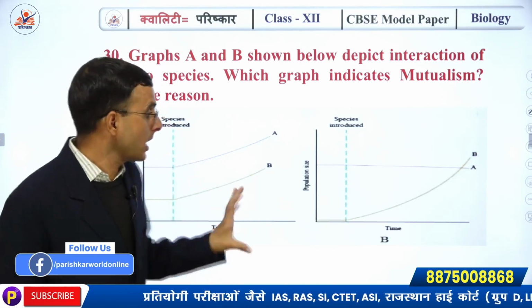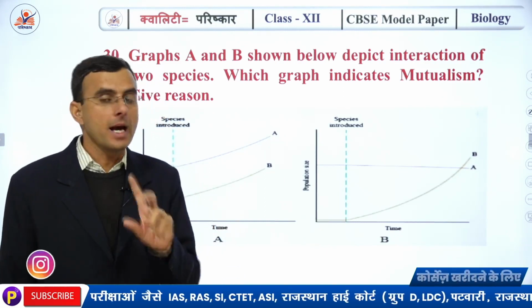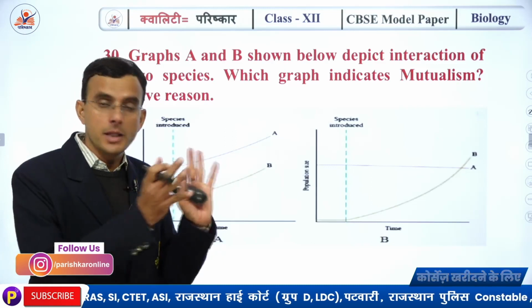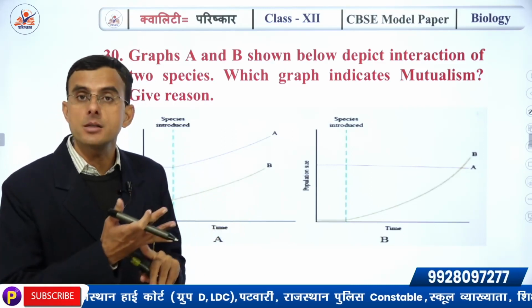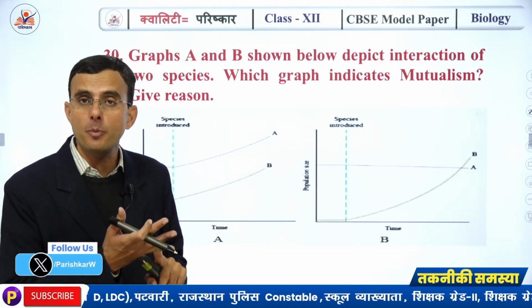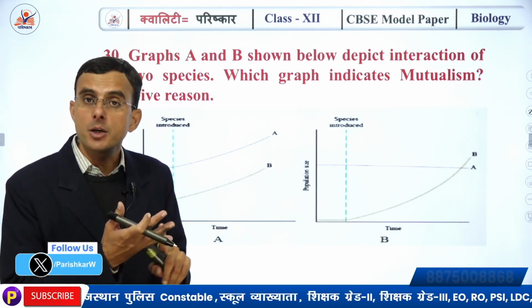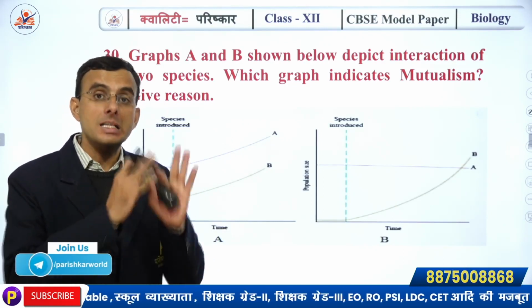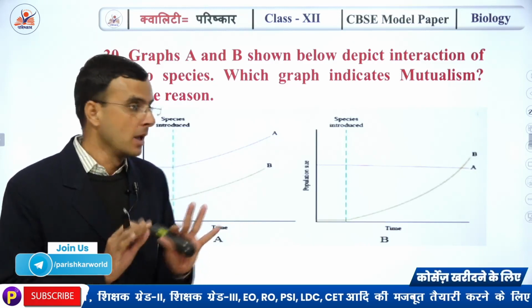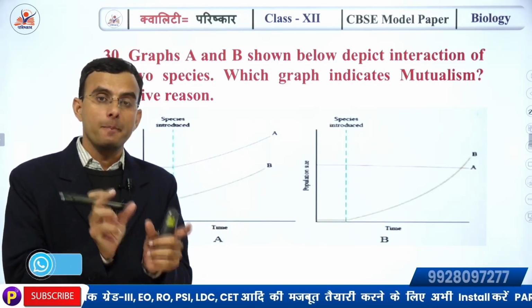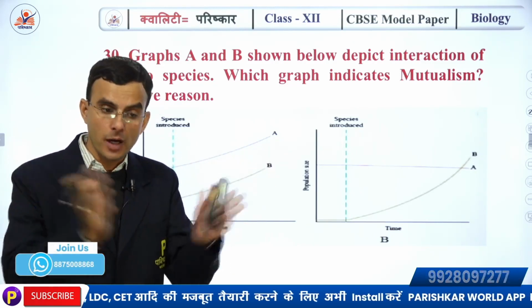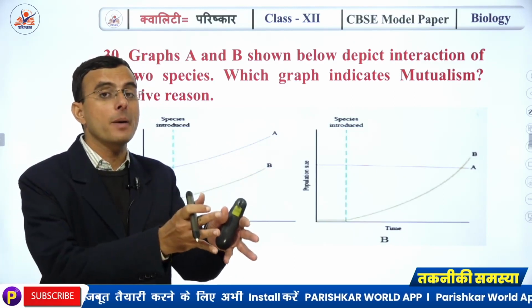So if there is mutualism, that means there is an ecological hierarchy, where species are converted into population, population into community, and community lastly into an ecosystem. So at the community level, the different populations are growing in a particular place.